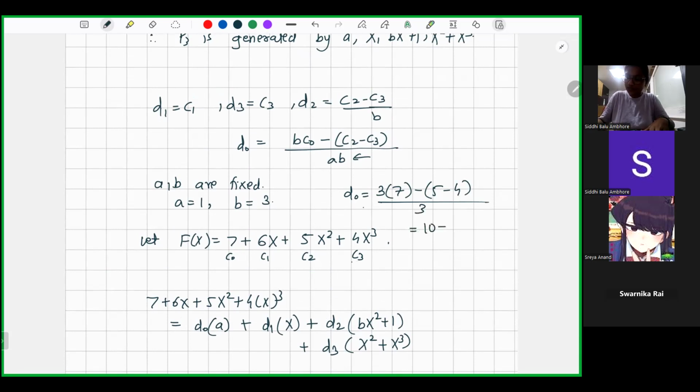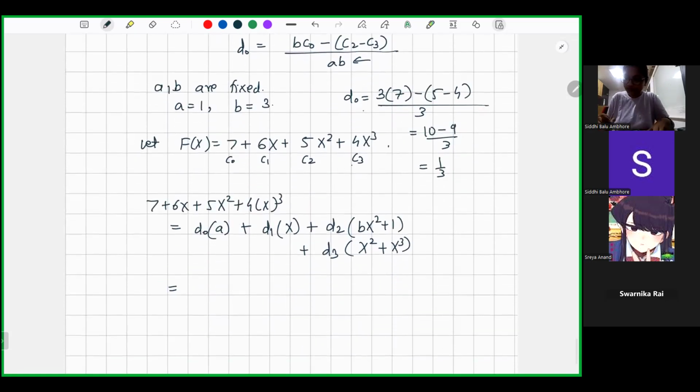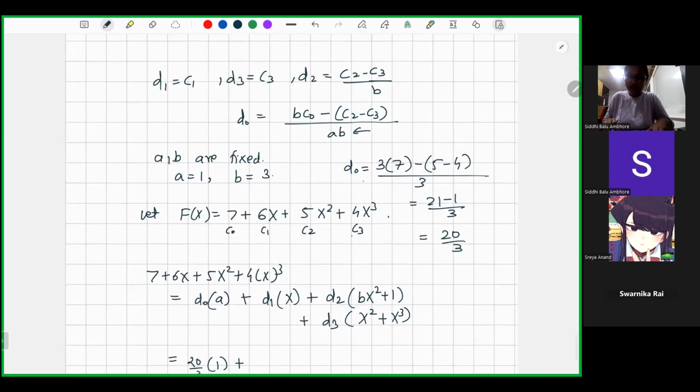So this is 21 minus 1 by 3, so it is 20 by 3. I hope I'm correct here. So this is 20 by 3 into 1.